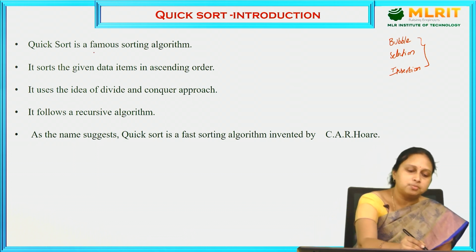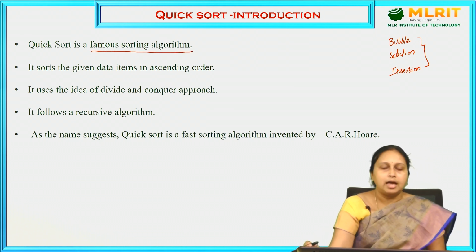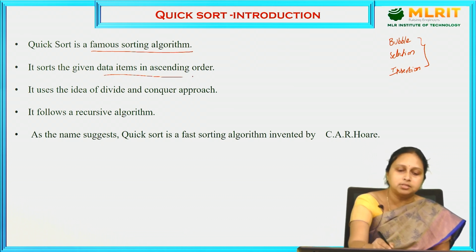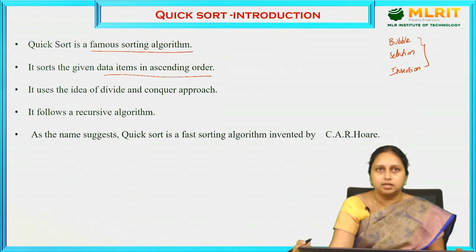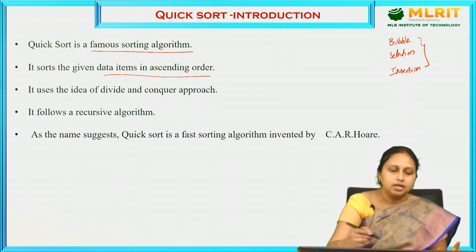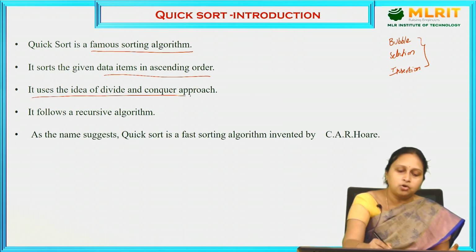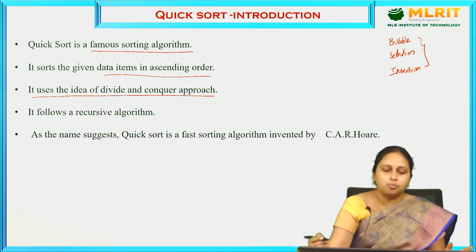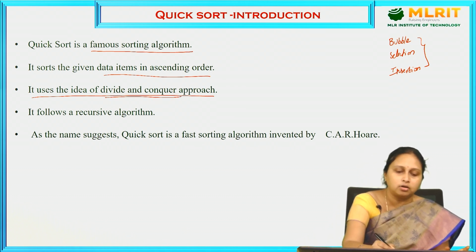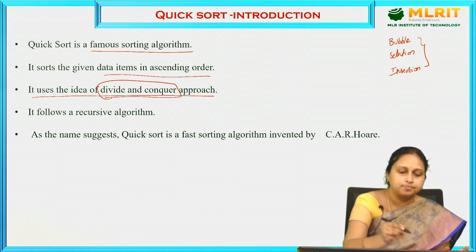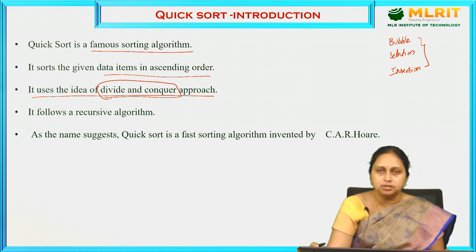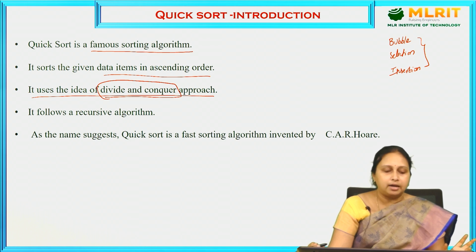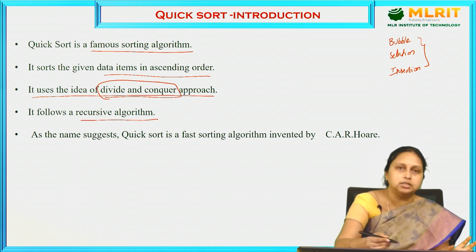Quicksort is a famous sorting algorithm and it sorts the given items again in ascending or descending order, any order we can take. Here it uses the idea of the divide and conquer approach. This is a new term that you have seen. We will see what divide is and what conquer is, and it follows a recursive algorithm.